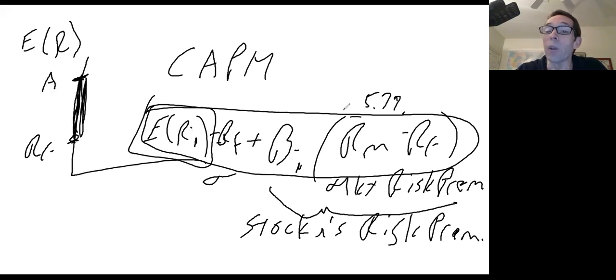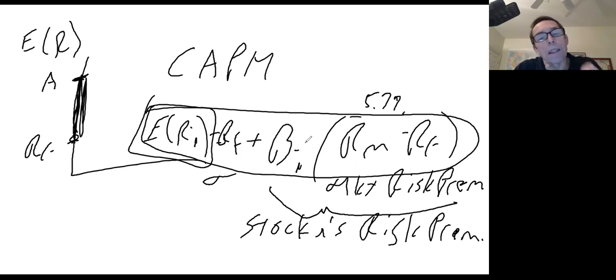They get a higher than average risk premium. If a stock has a beta less than 1, that means that is a lower than average covariance with the market. They're willing to accept a lower than average risk premium. And if the stock's beta is exactly 1, then they get an average risk premium. So the risk-free rate plus the stock's risk premium is the expected return on the stock. That's the capital asset pricing model.